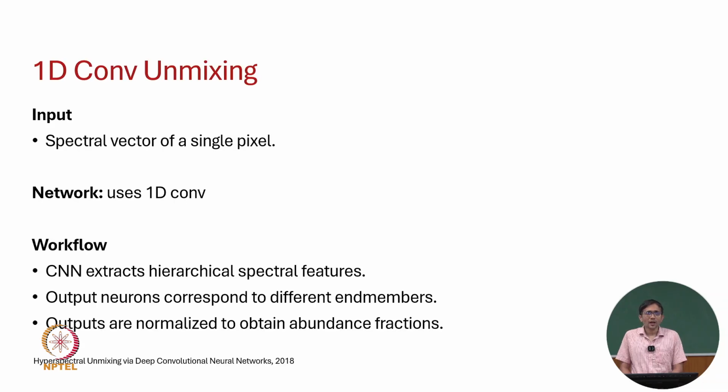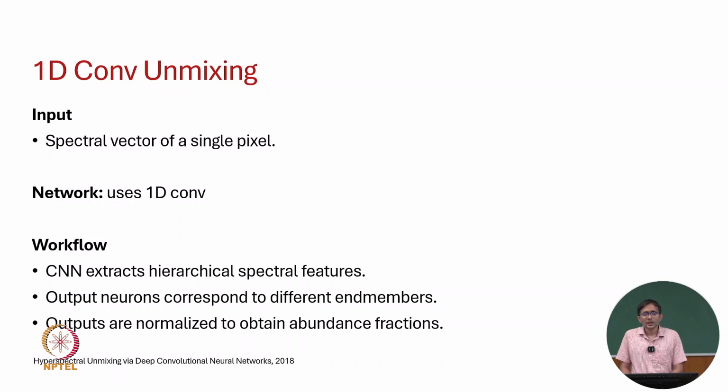Now let us start thinking about deep learning based unmixing. One possibility is to use 1D convolution with the spectral vector of a single pixel as input.